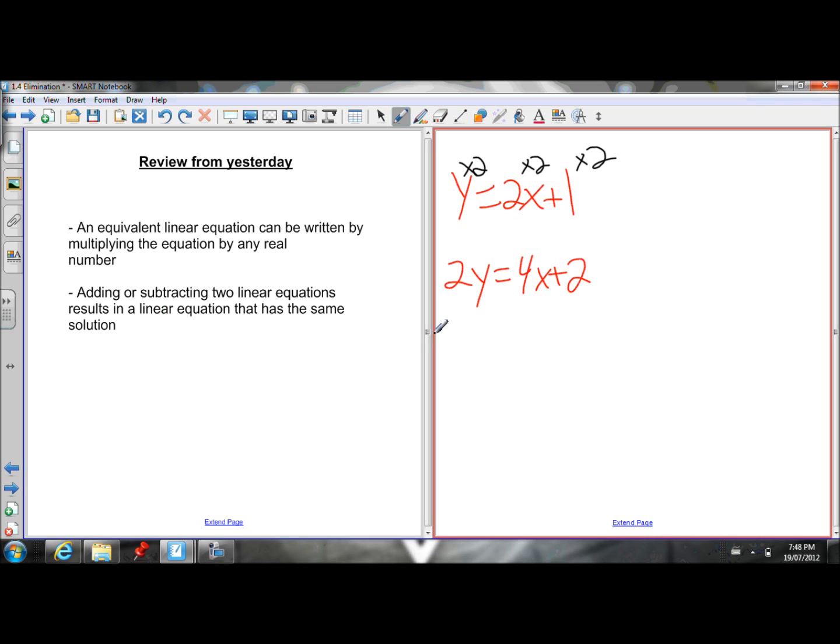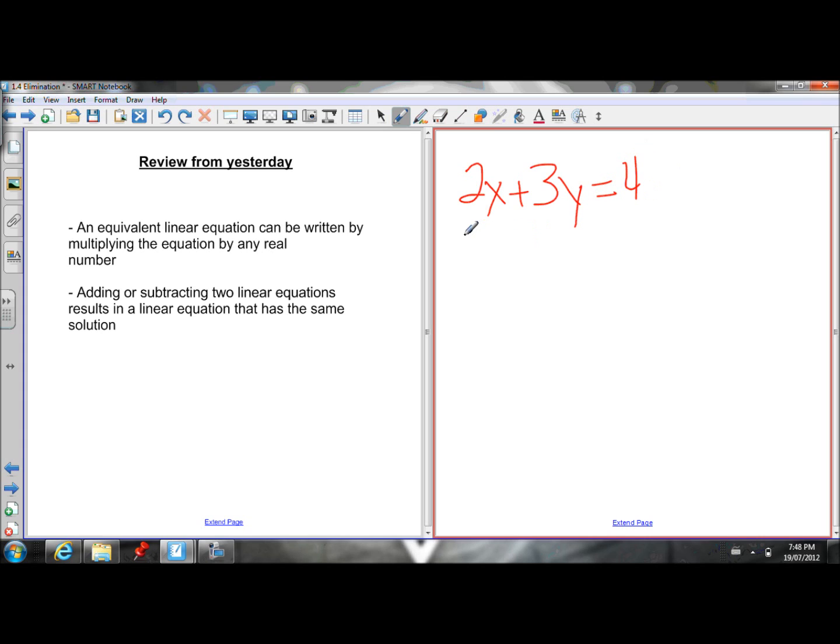Okay. What else did we learn yesterday? We learned that when we add or subtract linear equations, we get a new linear equation that has the same solution. So adding or subtracting two linear equations results in a linear equation that has the same solution. So let's say I had 2x plus 3y equals 4.